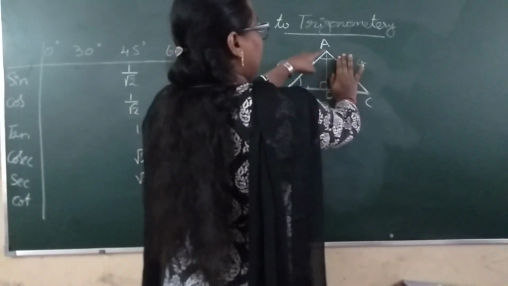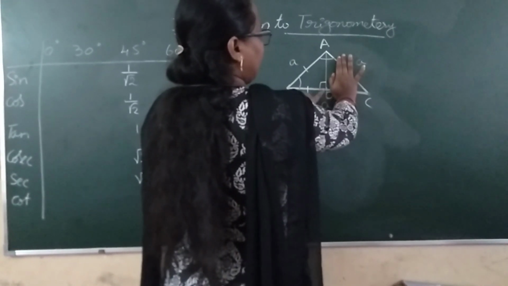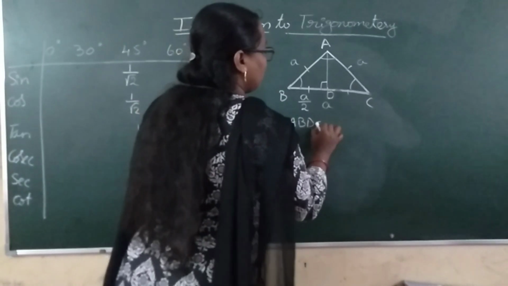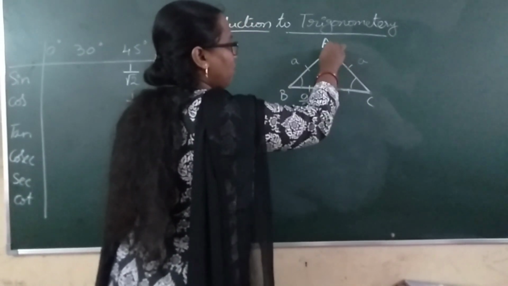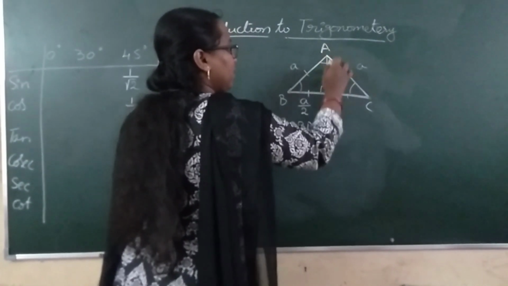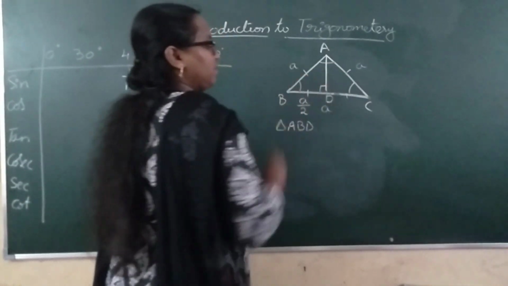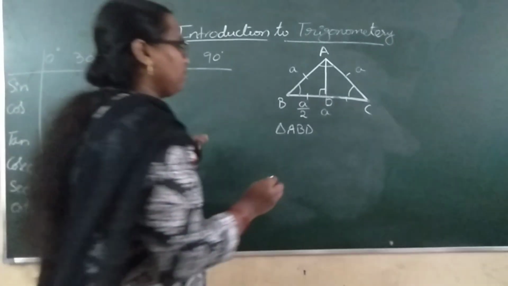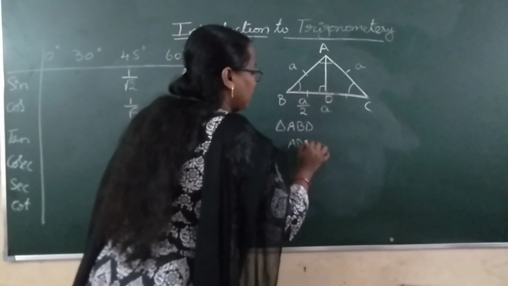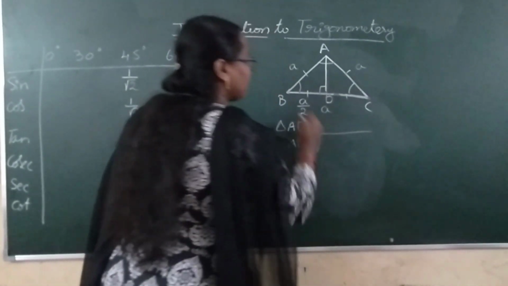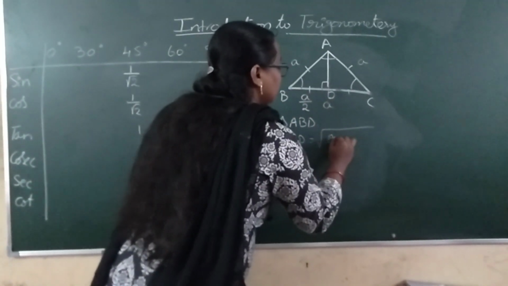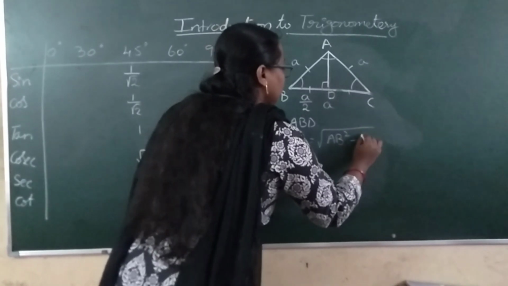If you observe, at D there is a right angle, and AB is the hypotenuse. I want the AD length, which is one of the sides. The formula is AD equals root over hypotenuse square minus other side square. So that is AB square minus BD square.